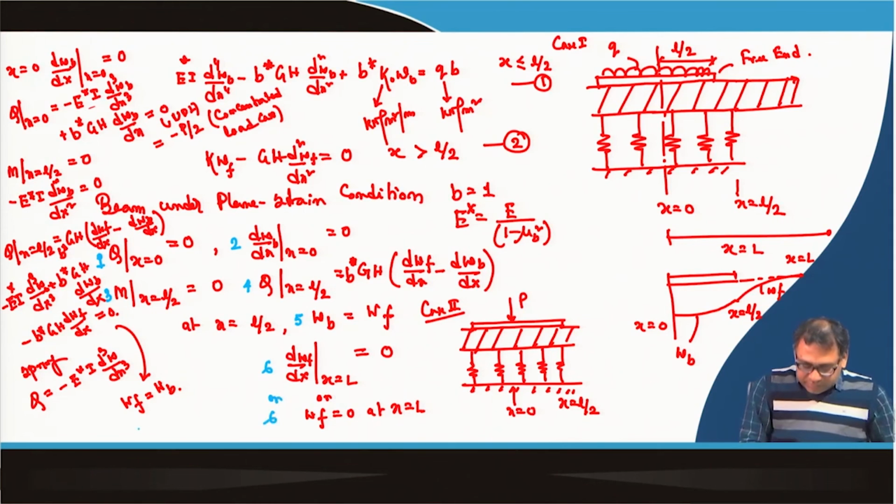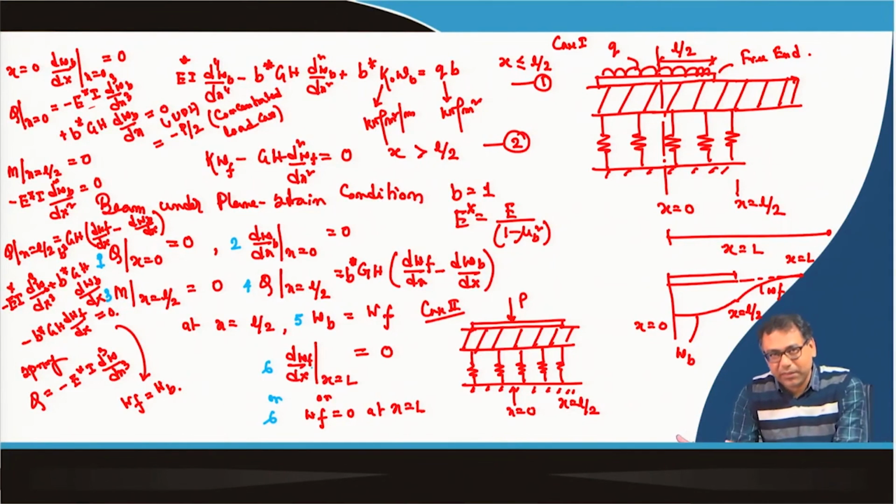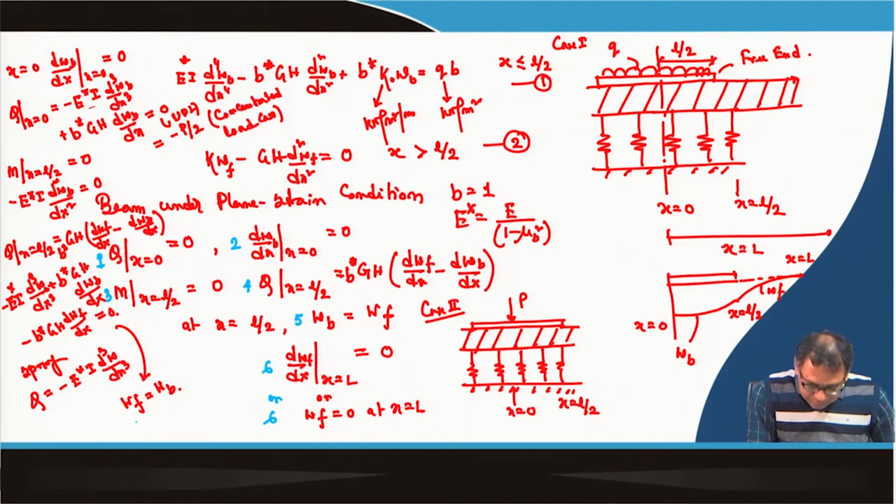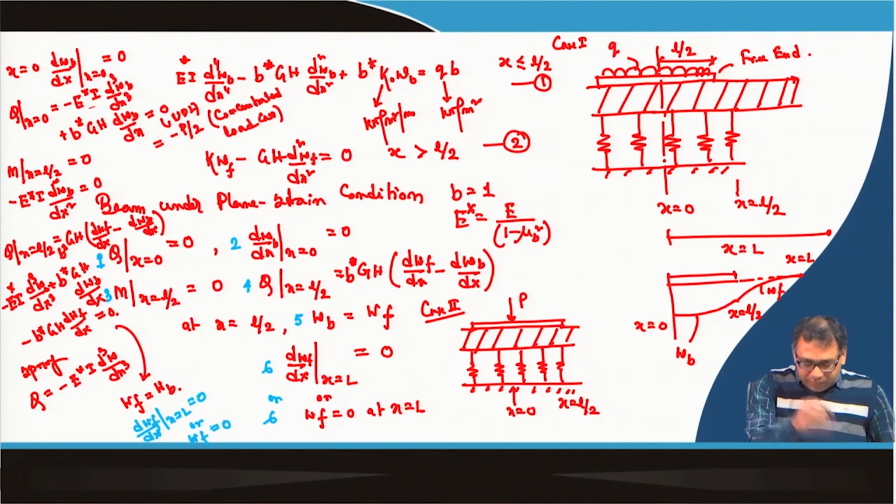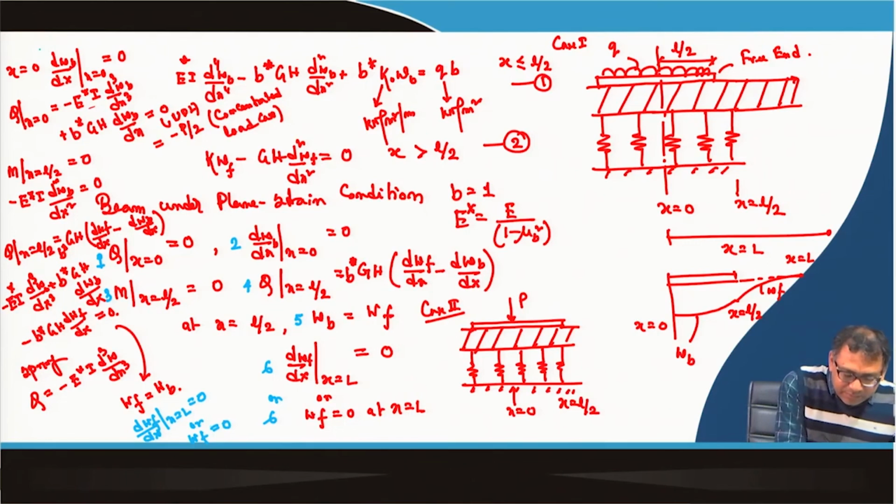Okay. So, these boundary conditions we have to apply in this case also, if I want to determine the response beyond the loaded region. That means, for beyond the loaded region also dwf by dx at x equal to L is equal to 0 or wf is 0. So, now for this case what are the boundary conditions?